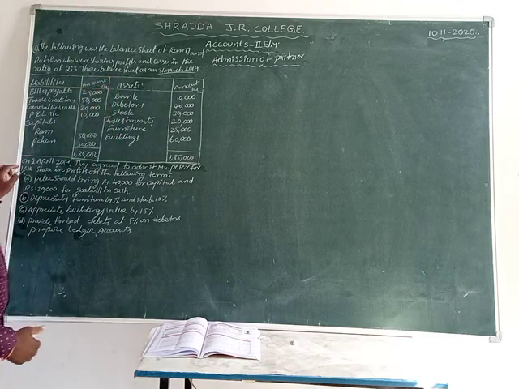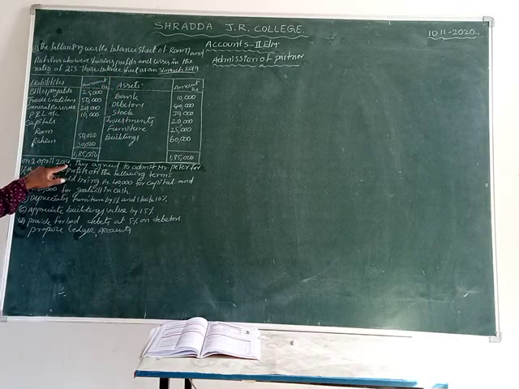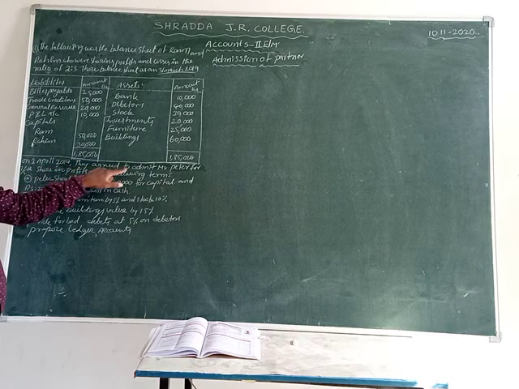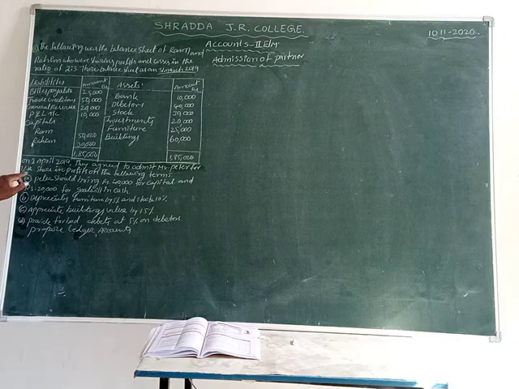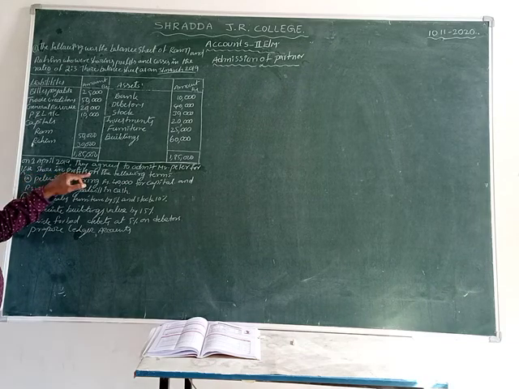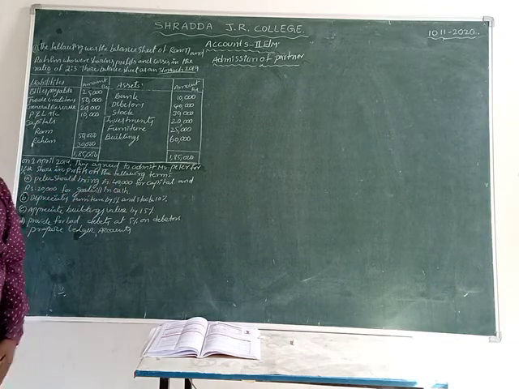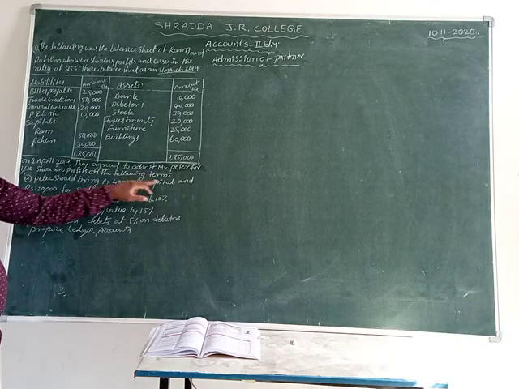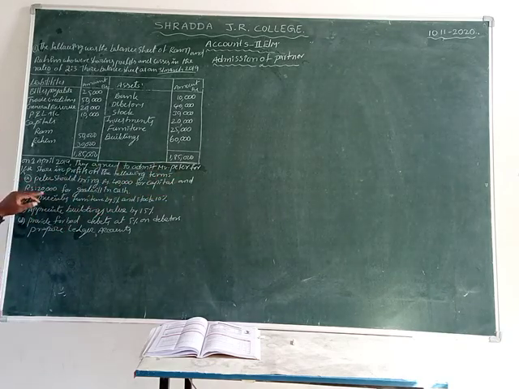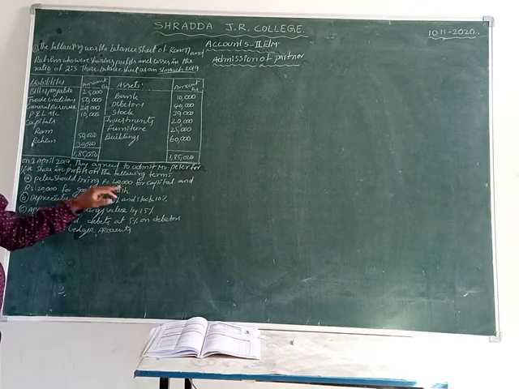Okay, friends. Now, on 1st April 2019, they agreed to admit Mr. Peter for a 1/5 share in profits on the following terms. Peter should bring 40,000 rupees capital and 20,000 rupees for goodwill in cash.